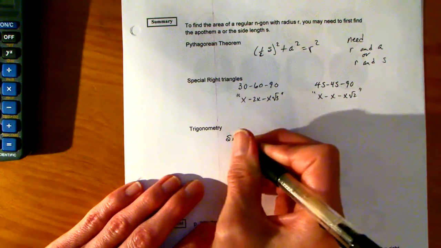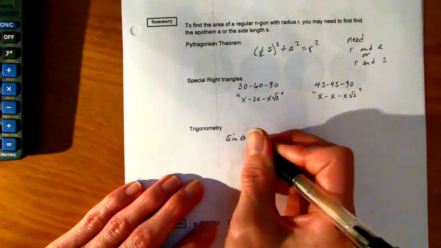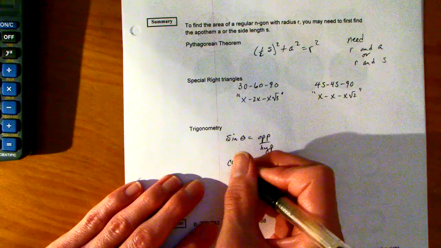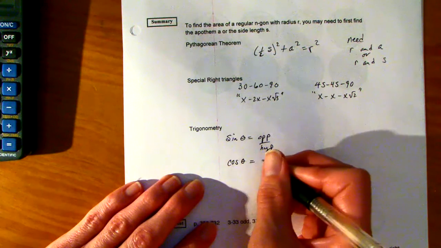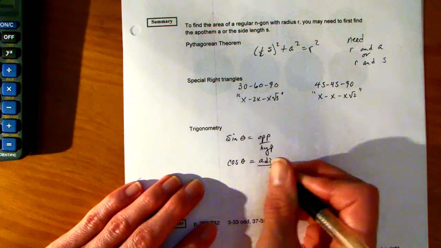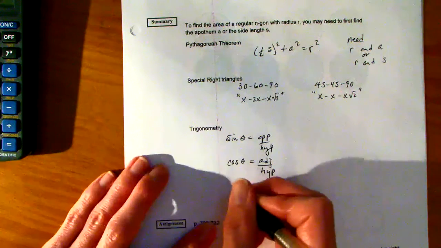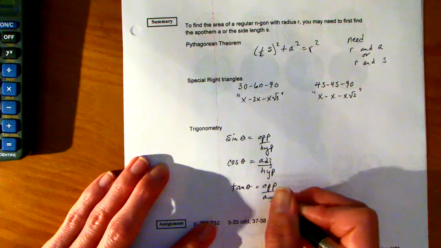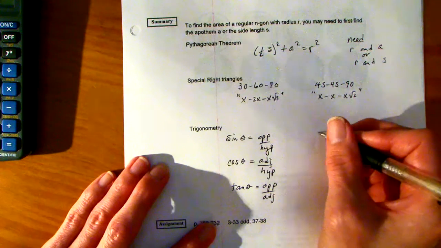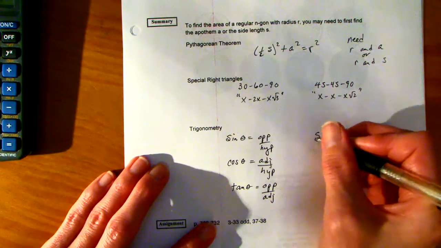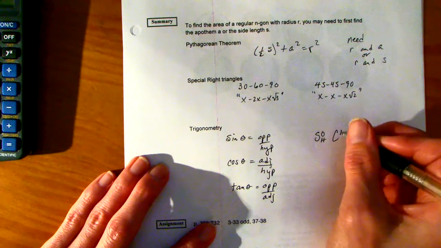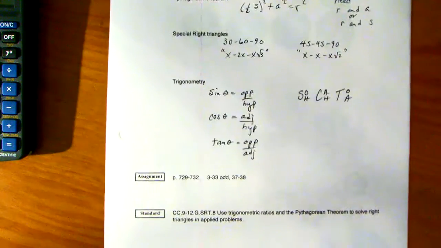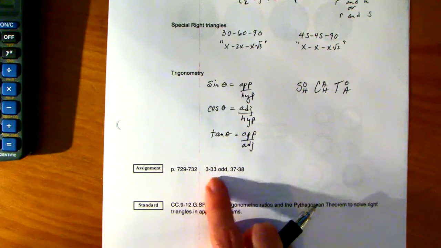Trigonometry, remember: sine of theta is equal to opposite over hypotenuse. Cosine is equal to adjacent over hypotenuse. And tangent is equal to opposite over adjacent, if you remember that acronym, SOHCAHTOA.